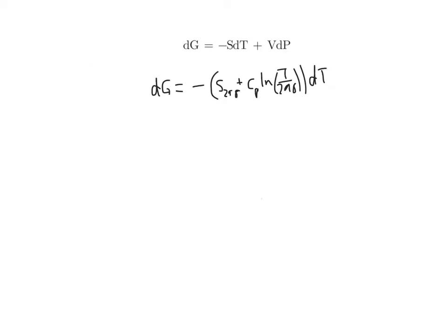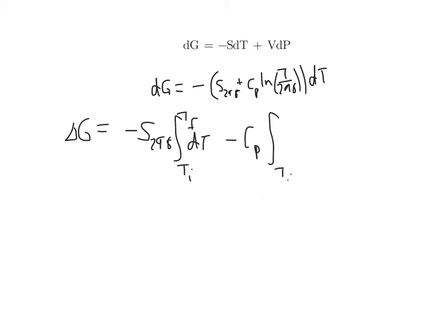Now I just need to integrate both sides, and so when I integrate dG from G initial to G final, I get delta G, and that's going to be equal to minus the entropy at 298, which is a set value, integrated from T initial to T final dT, minus the heat capacity we've taken to be constant with temperature, the integral from T initial to T final of the natural log of T over 298 dT.